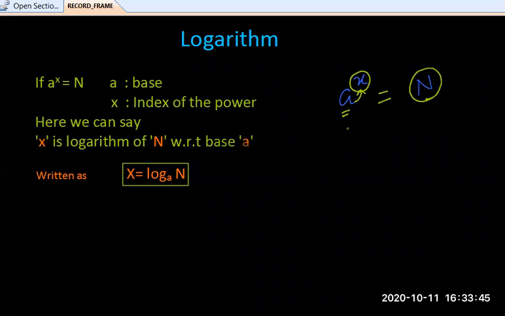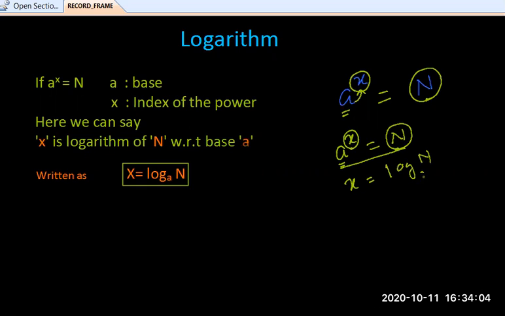That means if a to the power x is equal to n, then it can be said that the logarithm of n base a is equal to x, or x is equal to log of n base a.